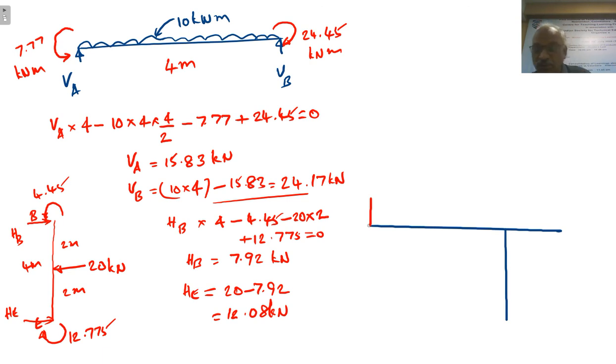Between A and B there is a downward UDL, therefore the shear force diagram will be like this, that is, it will come down, and this value is 15.83 kilonewton, and this value equal to 24.17 kilonewton. Now here in the cantilevering part, when there is a downward load, now here 24.17 upwards, VB is 24.17 upwards, therefore we will be in this horizontal line.